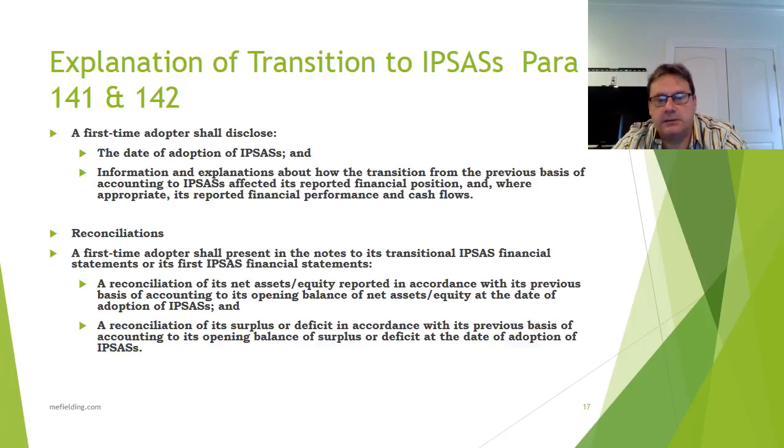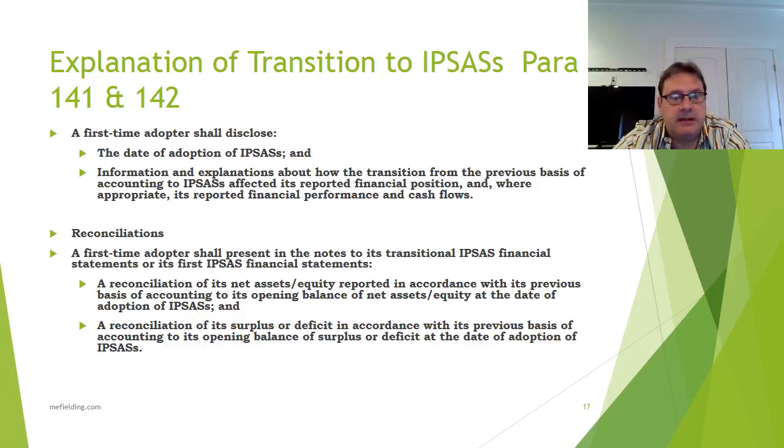Okay, so we just touched on this at the end of the last slide, but I was a little bit concerned that maybe you didn't get the full picture. This is what's required by paragraphs 141 and 142, which are almost at the end of the body. So let's just have a look at these. Paragraph 141 says a first time adopter shall disclose, so you have to write a disclosure note with explanations.